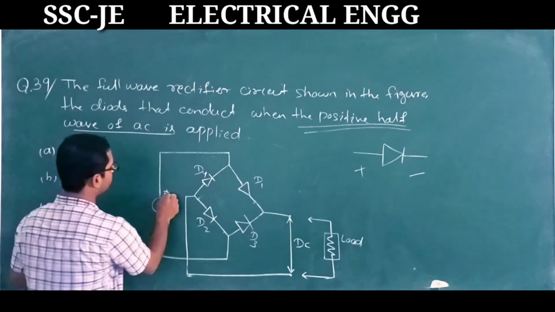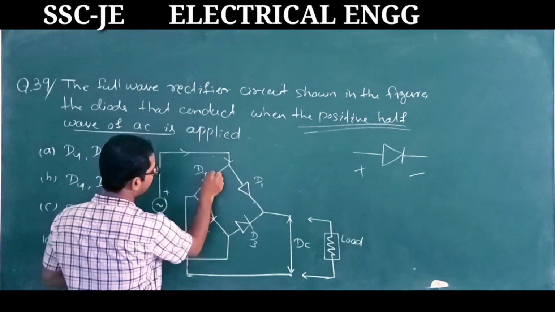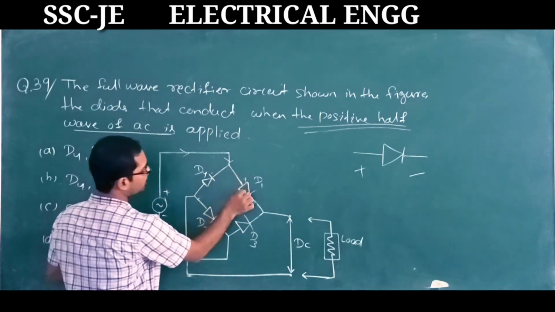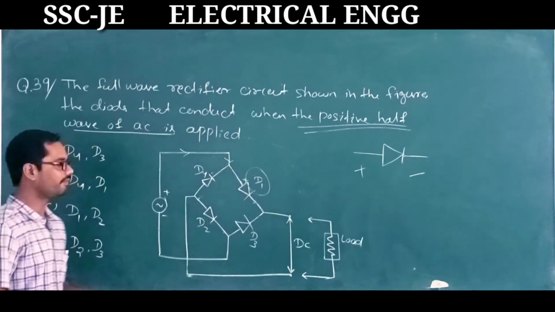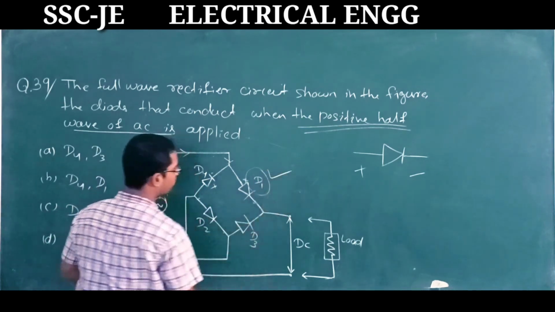If the supply comes here, this is the negative terminal and this is the positive terminal, so only diode D1 will be forward biased. The other will not be forward biased.